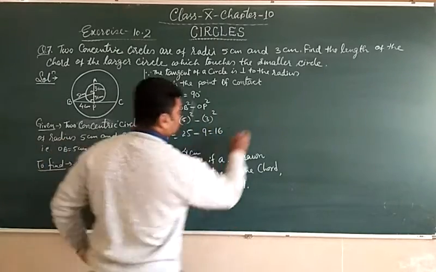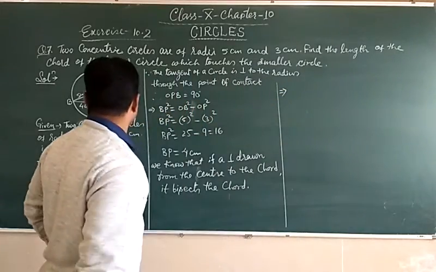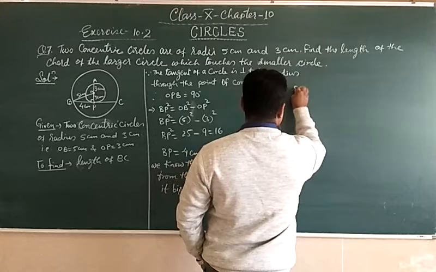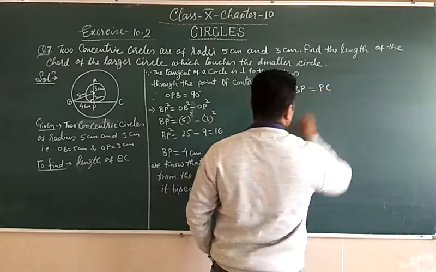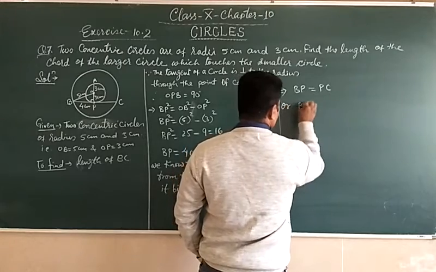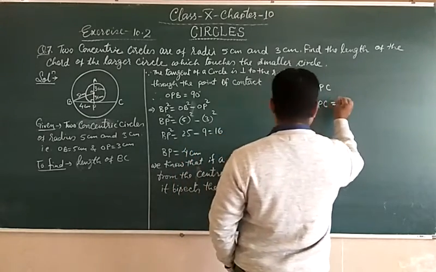This implies BP is equal to PC, and BP plus PC is equal to BC.